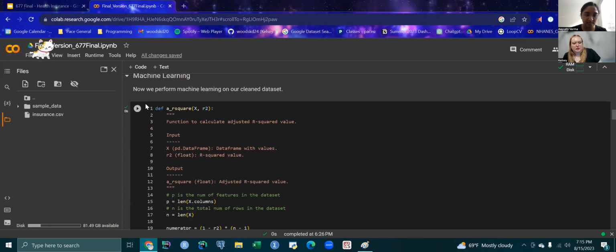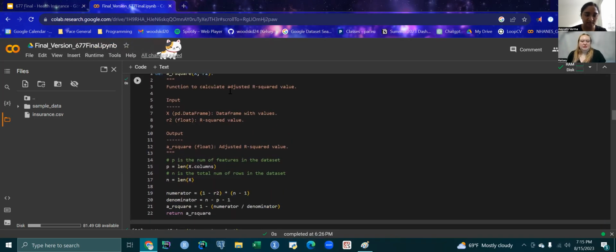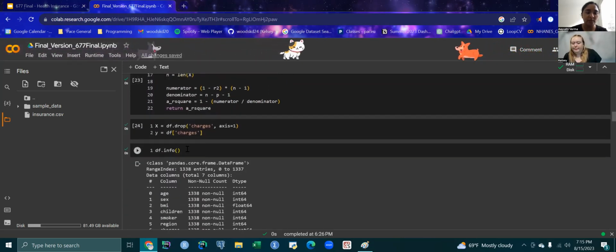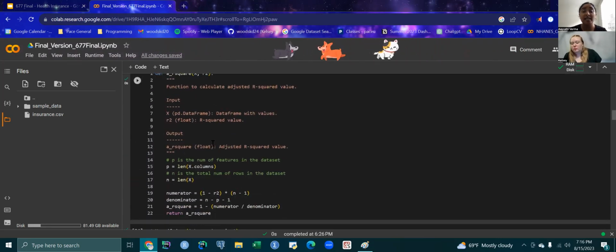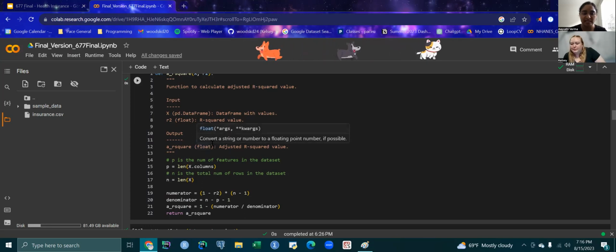Now that we have a clean data set, we wanted to look at the machine learning. So this is us defining exactly what our variables are to compare them all at the end.